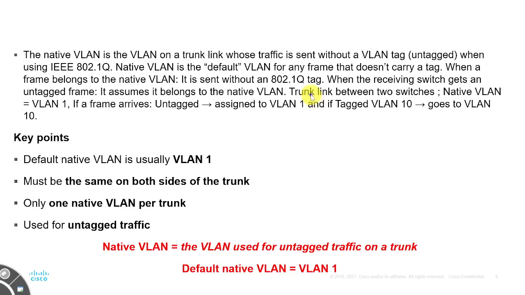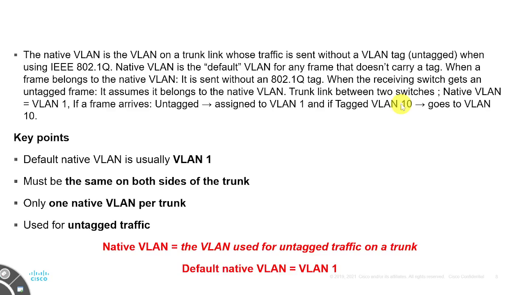However, a trunk link is between two switches. Native VLAN equals VLAN 1: if a frame arrives untagged, it is assigned to VLAN 1. And if tagged, for example, it is assigned to VLAN 10.